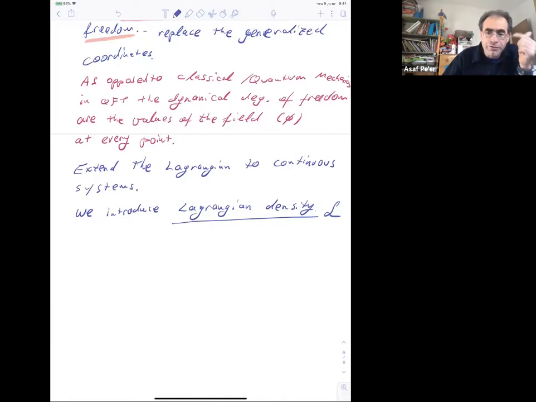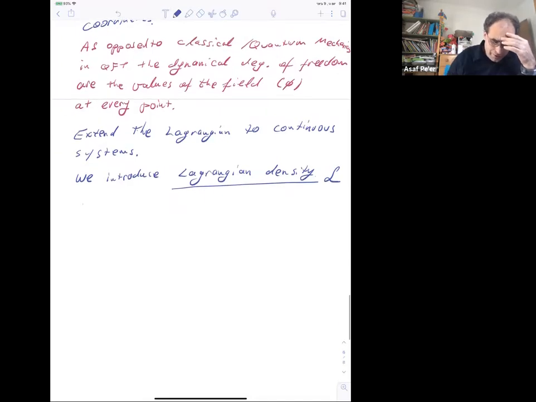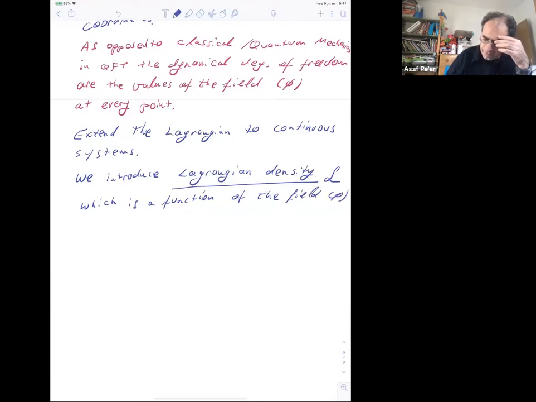which by itself is a function of the field and also the derivative of the field. And of course, another change is that now we're looking not only at the time derivative of the field, but also at the spatial derivative of the field. So it is a function of the field, let's call it phi, and its derivatives, time and space.